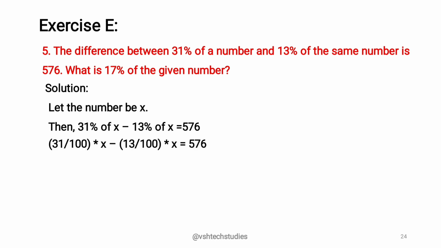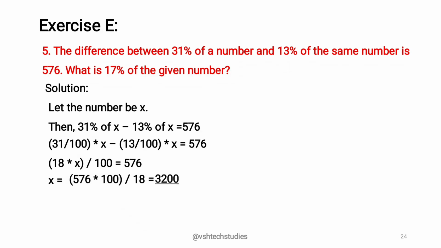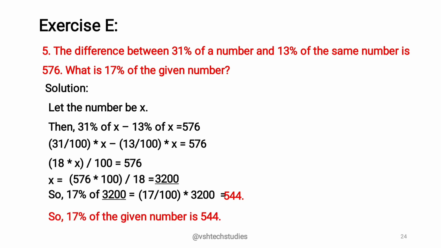So it is written. Now simplifying this equation, we get x equal to 3200. This is the given number, but we need 17% of this number. So 17% of 3200. So 17 upon 100 into 3200, we get 544. Hence 17% of the given number is 544.